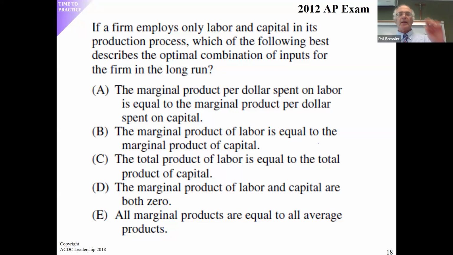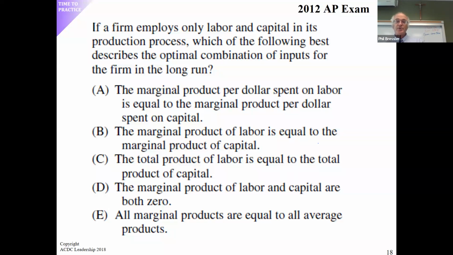Remember the formula is the marginal product of labor over the price of labor equal the marginal product of capital over the price of capital. And when they equal each other, it's going to come out to something like we had last time, 2 equals 2.